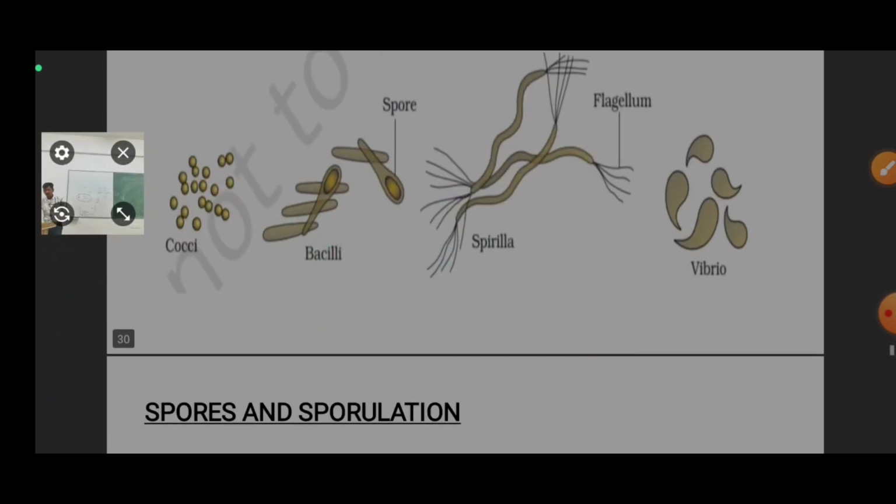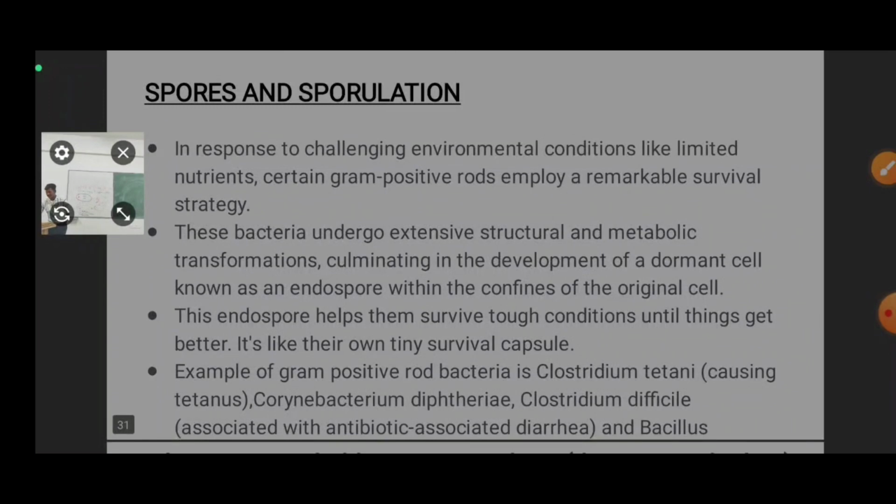In response to challenging environmental conditions like limited nutrients, certain gram-positive rods employ a remarkable survival strategy. These bacteria undergo extensive structural and metabolic transformation, culminating in the development of a dormant cell known as an endospore. These spores are known as endospores because they are formed inside the bacteria.